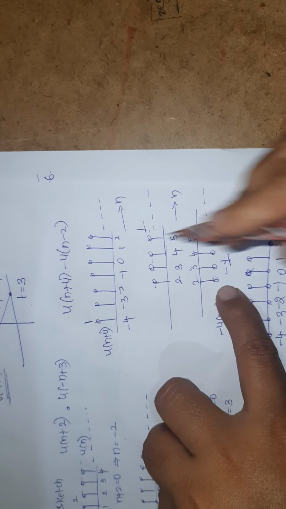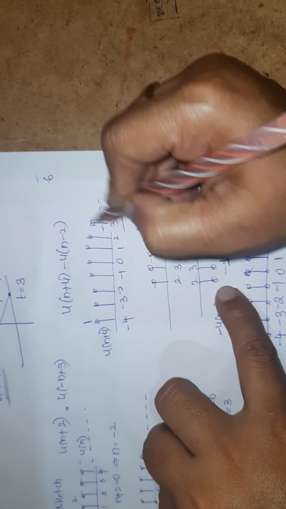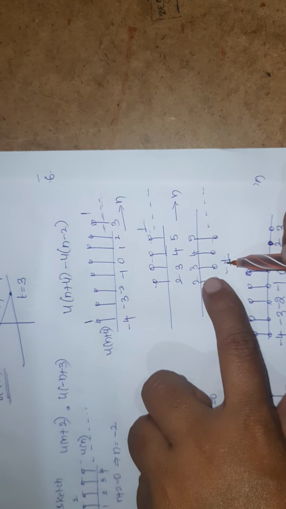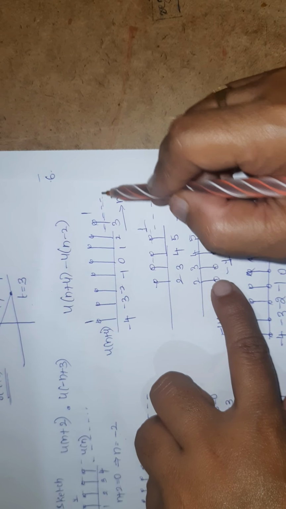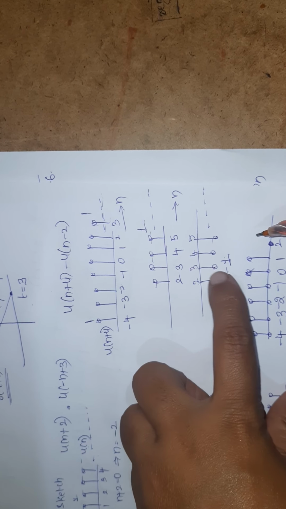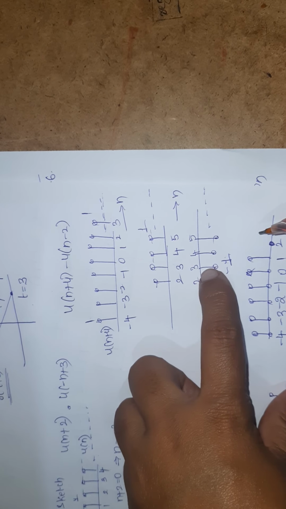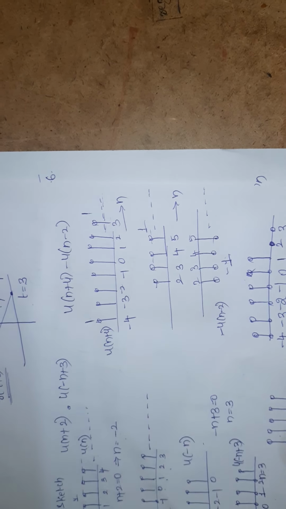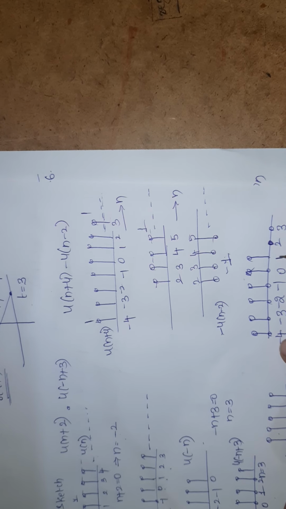For n is equal to 3, infinity samples I am having, also 1 here and minus 1 there. If we add, the amplitudes are going to cancel because the magnitudes are same but opposite in sign. So I will get the sample values from minus 4 to 1 only.